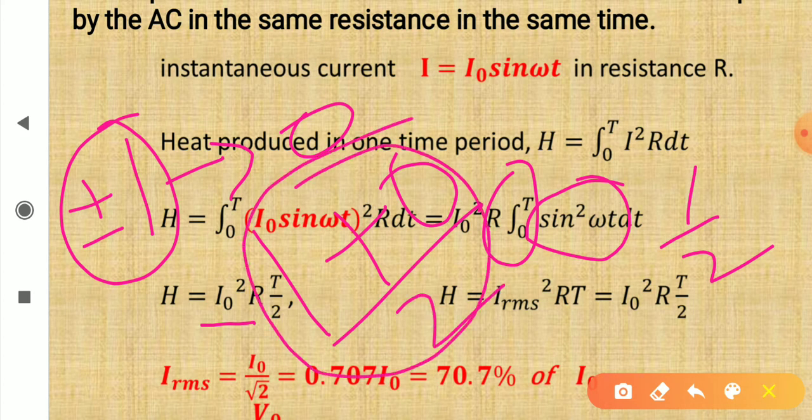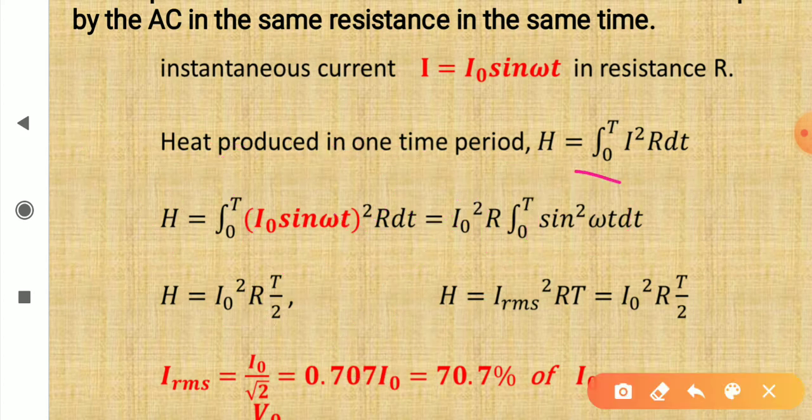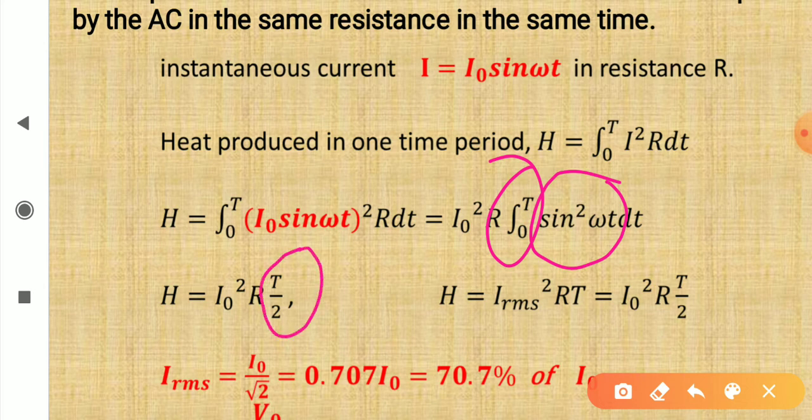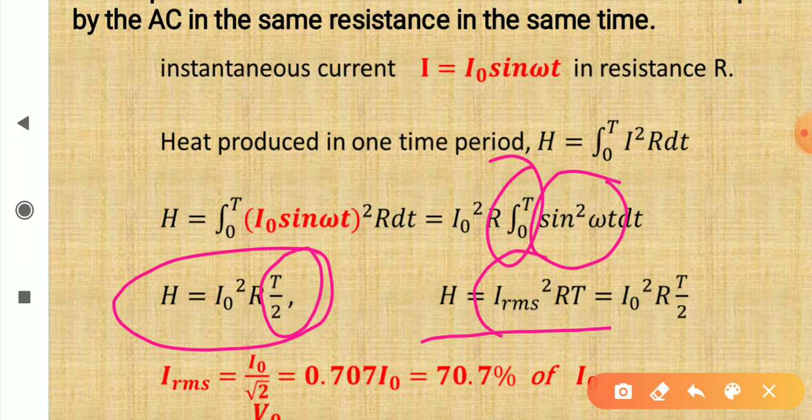So the average value of sine square function or cos square function for one time period is 1 upon 2. And since you are doing integration over the time period, the value from integration comes out to be T upon 2. So the total heat produced is I naught square R T by 2. Now by definition, this H is equal to the heat produced by the RMS current.